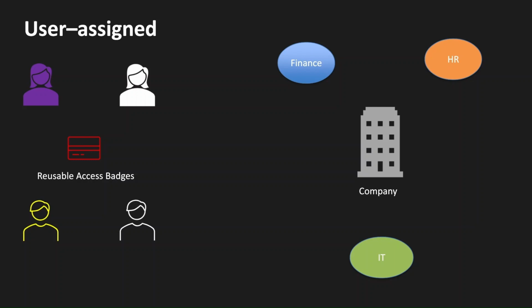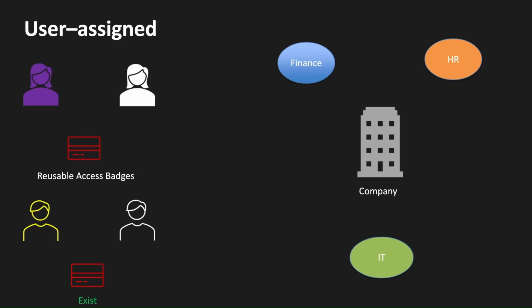And when any one of them leaves the organization, the reusable access badges exist. They just return it. So similar to user assigned identities. When any employee leaves the organization, the reusable access badges are not shredded, unlike company badges or tags.